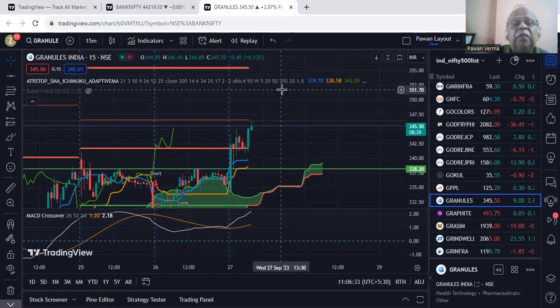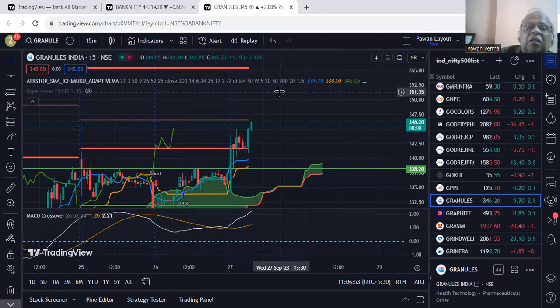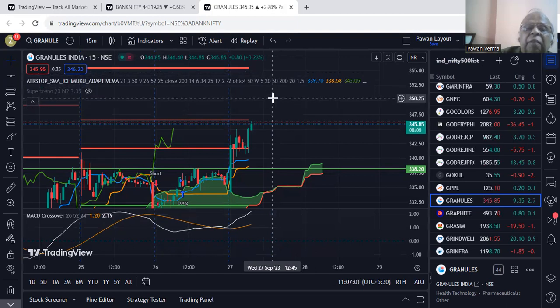But from the midway, we may see some means trend will be, this particular trend will take pause here in the midway of this particular gap.